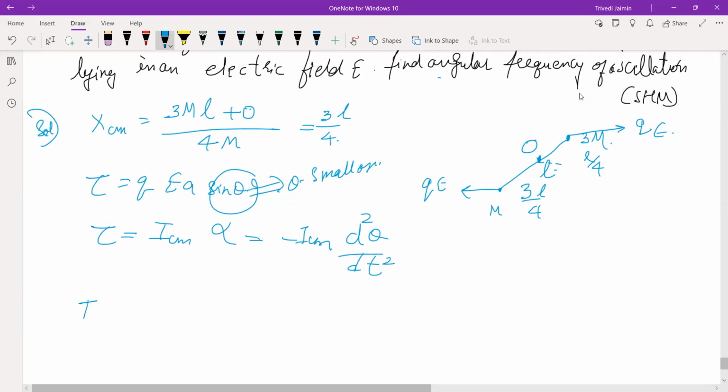So I center of mass times d square theta by dt square equals QE L theta.